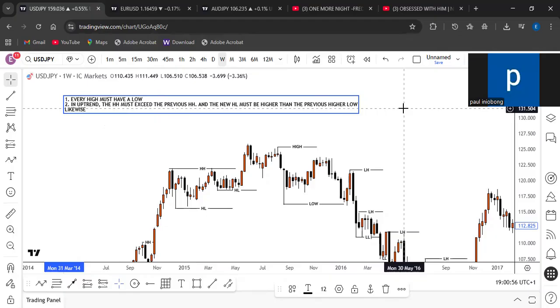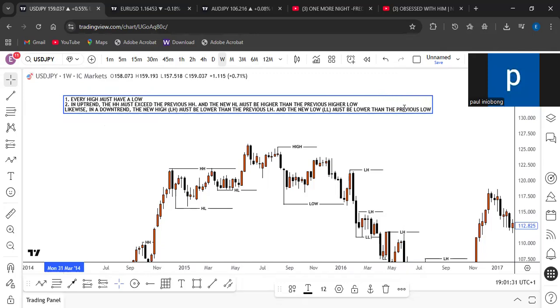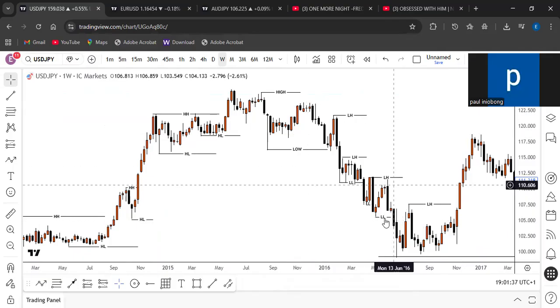In a downtrend, the new high, that is the lower high, must be lower than the previous lower high, and the new low must be lower than the previous lower low. You understand now? Yes, sir. These are some of the rules.